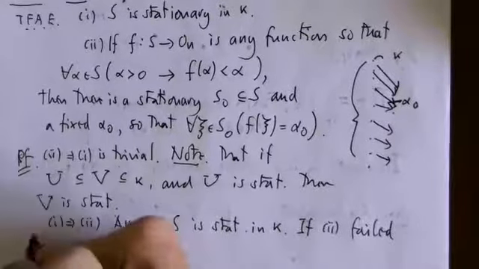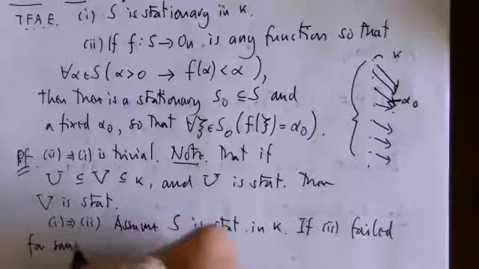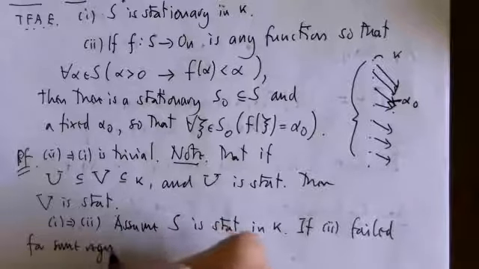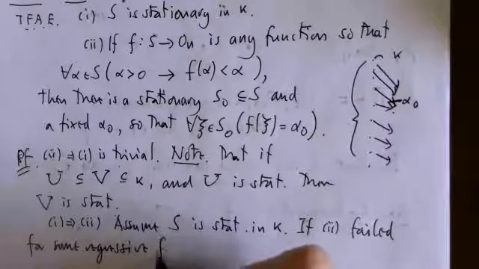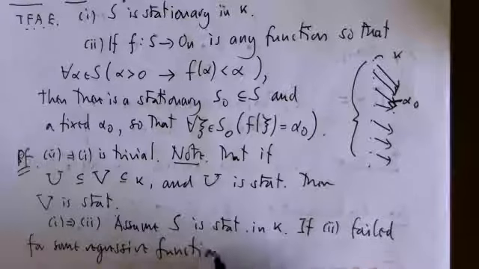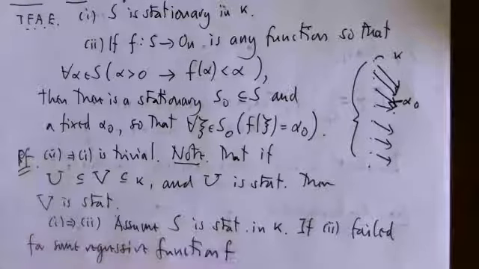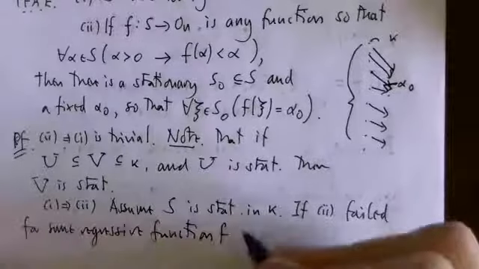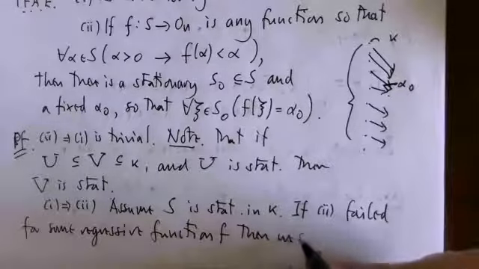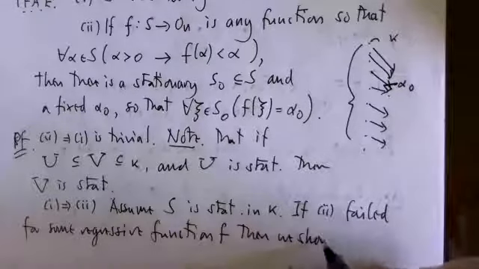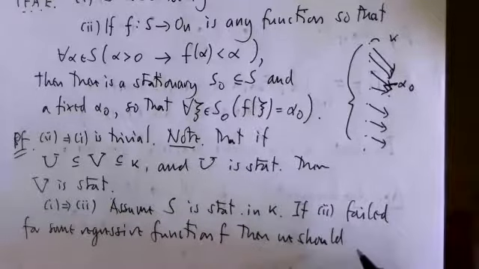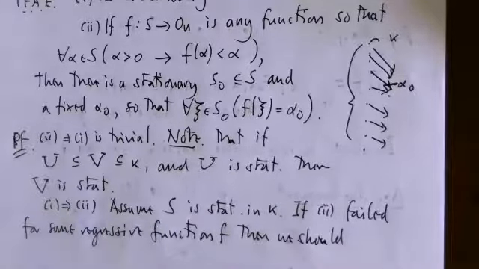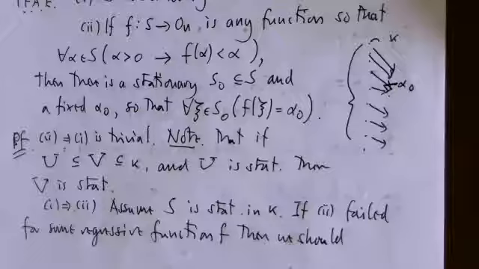So if 2 failed for some regressive function f, then what will be happening?